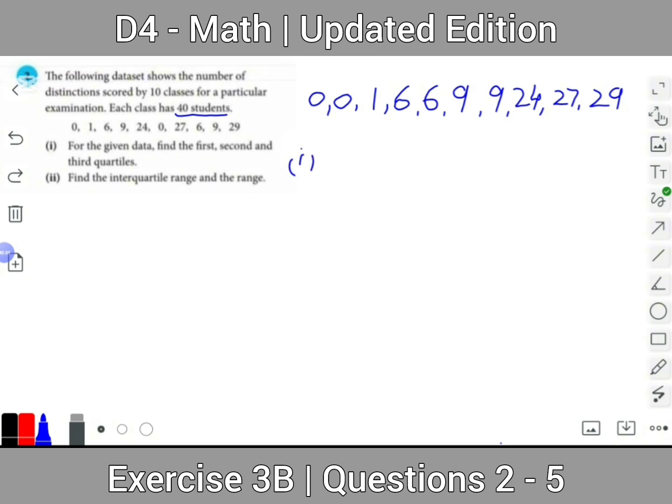So for the first quartile, or Q1, first we have to count the data points. So the data points are 0, 1, 2, 3, 4, 5, 6, 7, 8, 9, and 10.